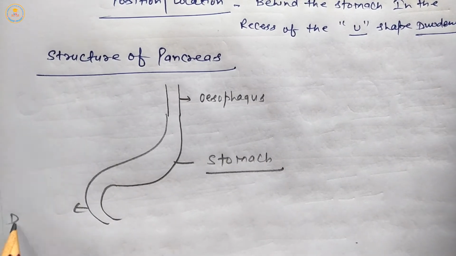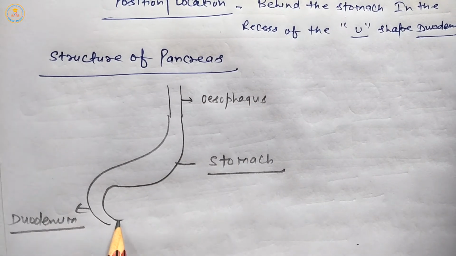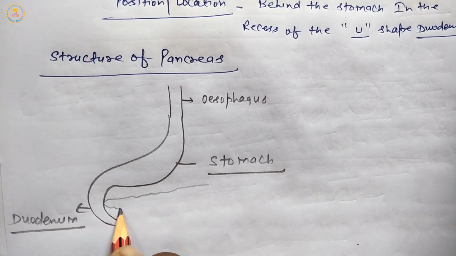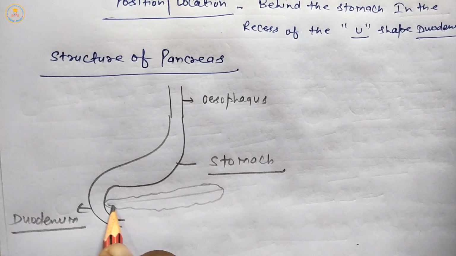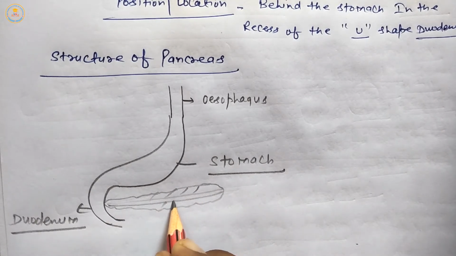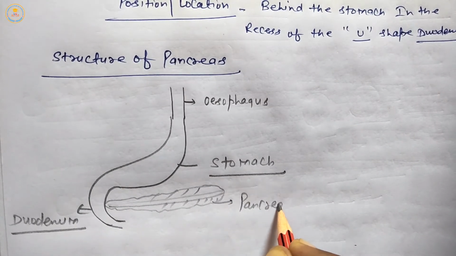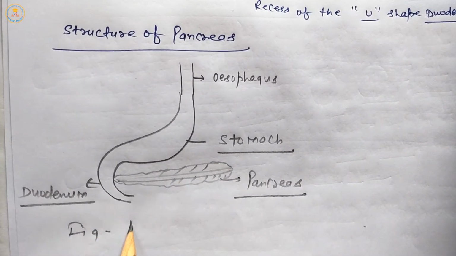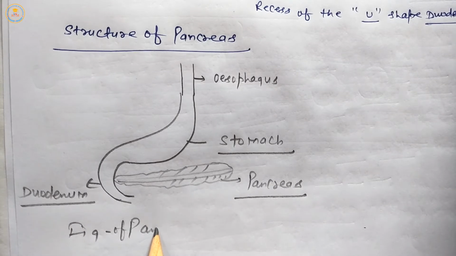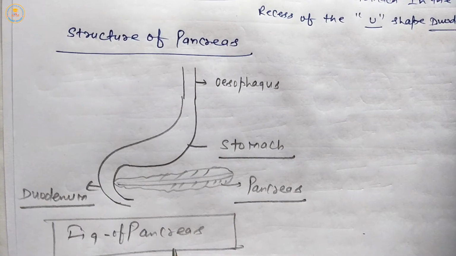Next is duodenum. It is the first part of the small intestine, and this is pancreas. So this is the figure of pancreas.